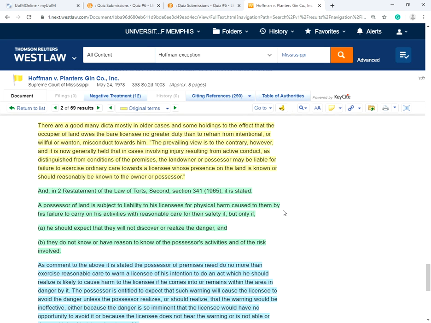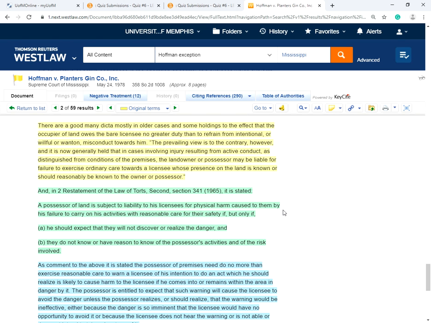And a possessor of land is subject to liability to his licensees for physical harm caused by them by his failure to carry on his activities with reasonable care for their safety, if but only if A, he should expect that they will not discover or realize the danger, and B, they do not know or have reason to know of the possessor's activities and the risk involved.